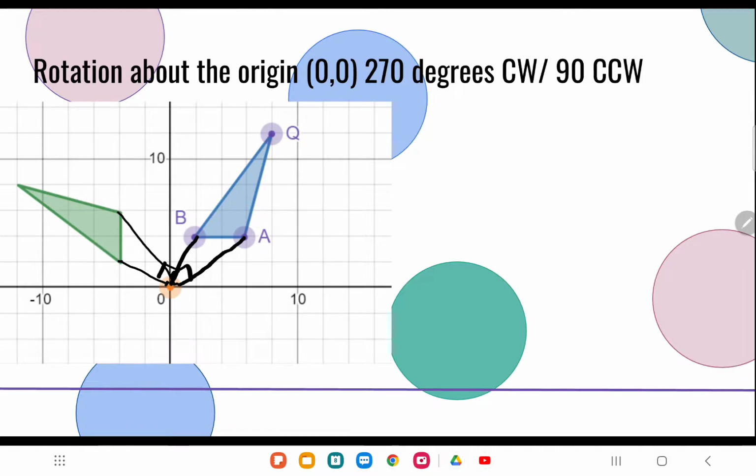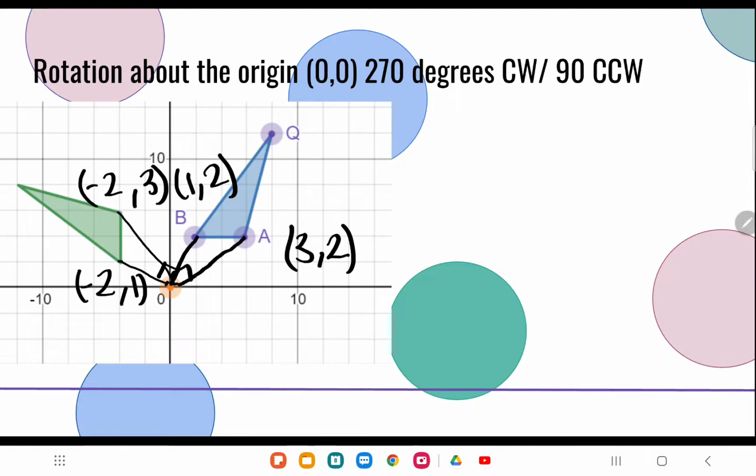I won't draw Q because it will pass over B. I notice that my point B has changed from (1, 2) to (-2, 1). A has changed from (3, 2) to over here at A prime, it is (-2, 3).